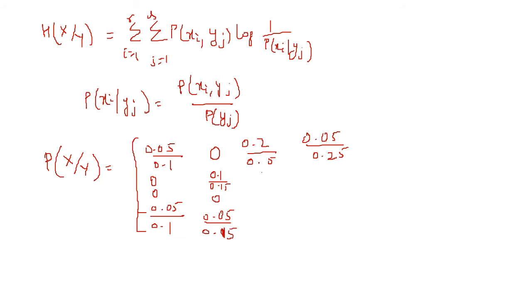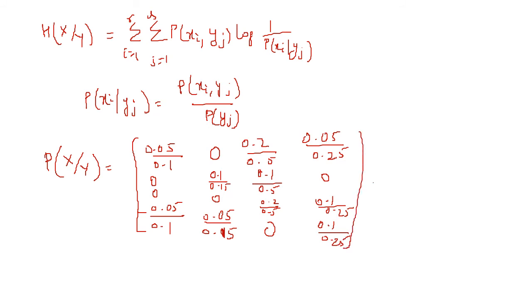In the third column, you are going to get 0.1, which is already present, divided by 0.5. The next element is 0.2 divided by 0.5. The last element is 0. Here this element is 0. The next element is 0.1 divided by 0.25. The last element is 0.1 divided by 0.25.